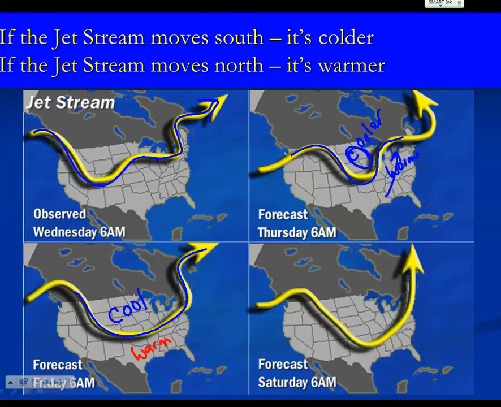And Saturday at 6 a.m., you can see the cool air is starting to move with the prevailing winds to the east or northeast, and much warmer air in this particular setup has moved into the western United States. So jet streams are very useful for helping meteorology forecasts.